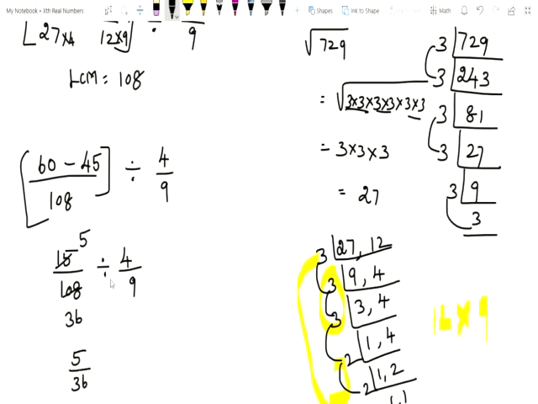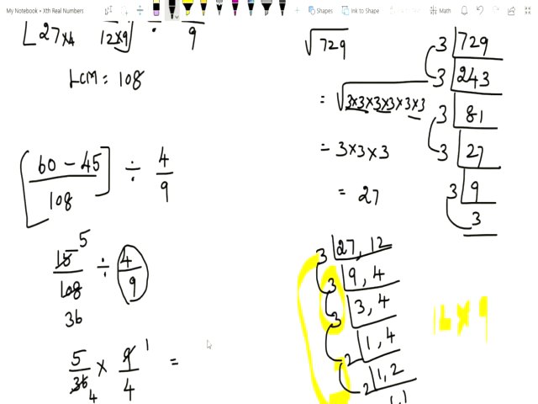Here division is there. Instead of the division, I am going to multiply. If we want to multiply, you have to take the reciprocal of the second term. Okay. So the reciprocal of 4 by 9 is 9 by 4. 9 1s are 9, 9 4s are 36.